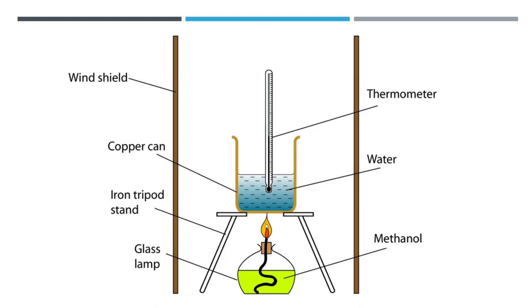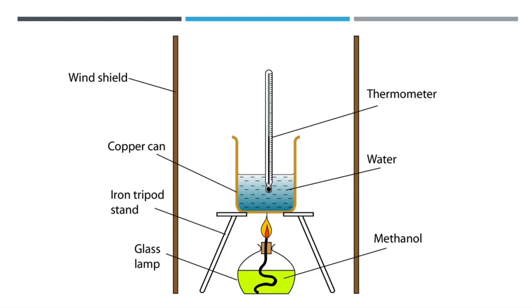Ideally we want all of the heat energy from the methanol to be applied to the water. So that's why there's quite a close distance between the bottom of the copper can and the methanol flame. It should be really about 1 centimetre, no larger than that. The tip of the flame should be just under the bottom of the beaker.